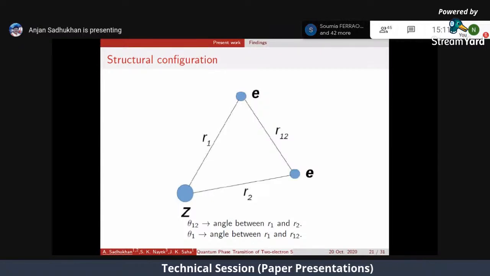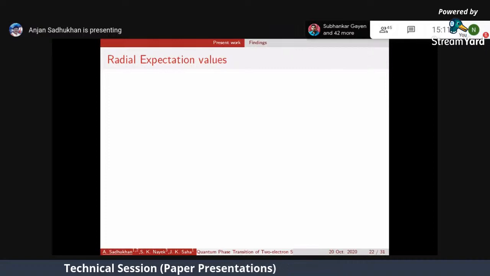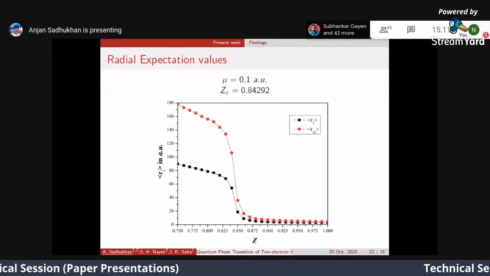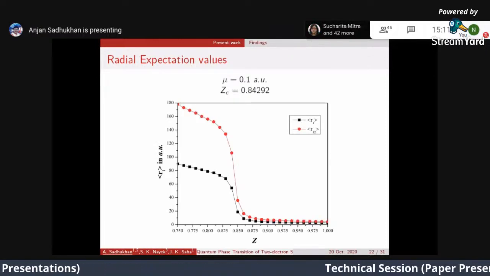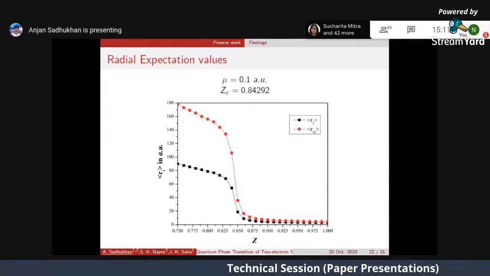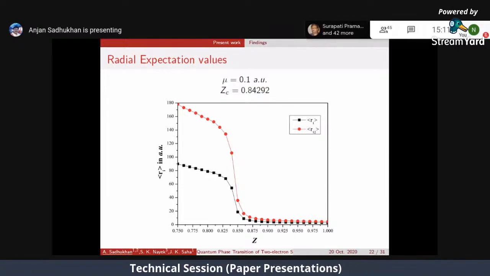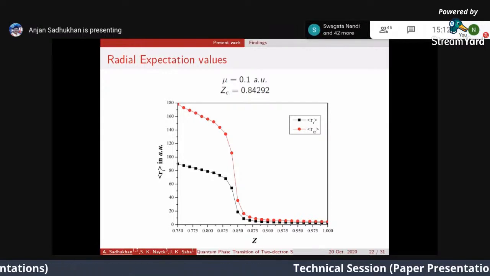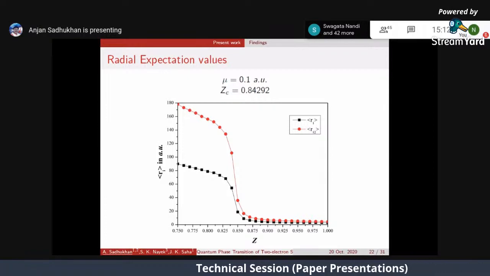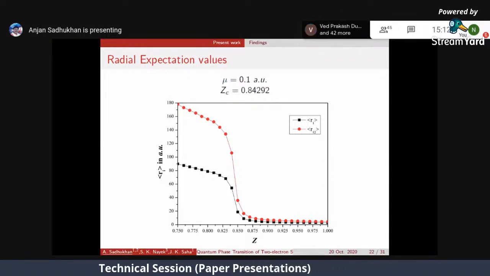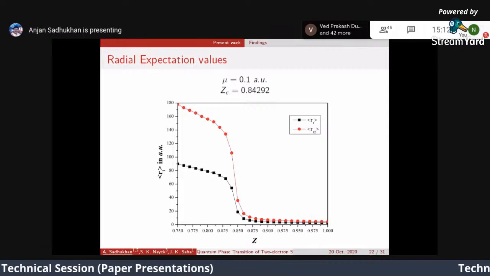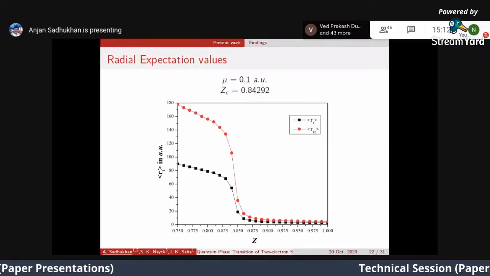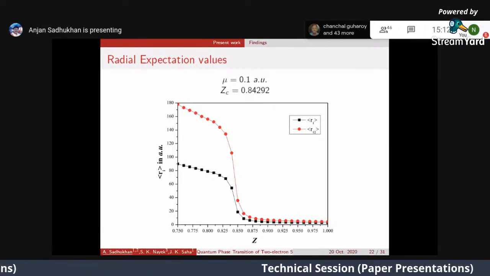Now, if we plot them with respect to Z, as we have done in this diagram, we have plotted the expectation values of the radial parameters, that is R1 and R12, for mu equals 0.1 atomic unit. As an example, the radial expectation values remain almost the same as Z decreases below 1 up to a certain value.